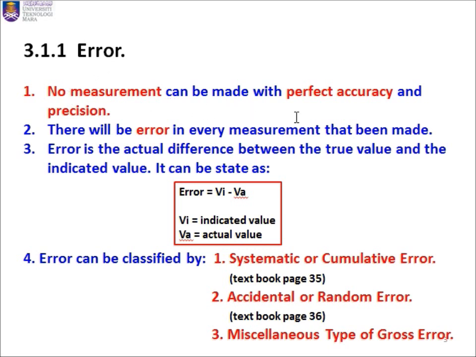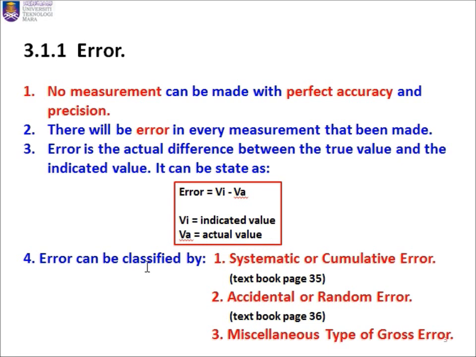No measurement can be made with perfect accuracy and precision. So there will be error in every measurement that has been made. So error is the actual difference between the true value and the indicated value. So we can simplify as error equals indicated value minus actual value.